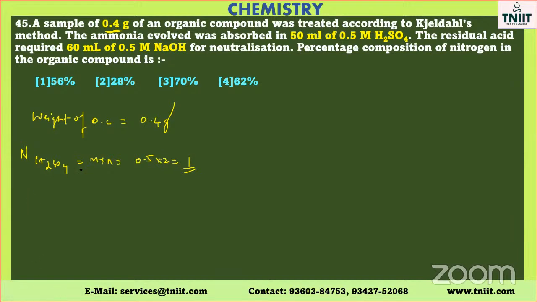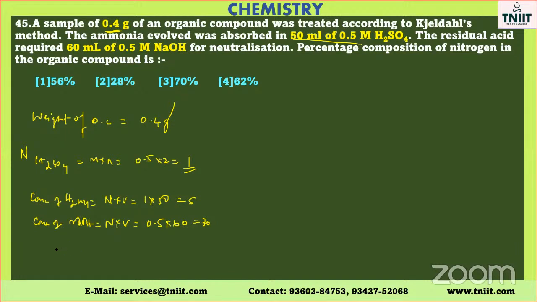So the concentration of sulfuric acid is equal to normality into volume. That is 1 into 50 ml of sulfuric acid. 0.5 molar is 1 normal. Likewise, the concentration of sodium hydroxide is N into V. Sodium hydroxide concentration is 0.5 into 60. This is 30.